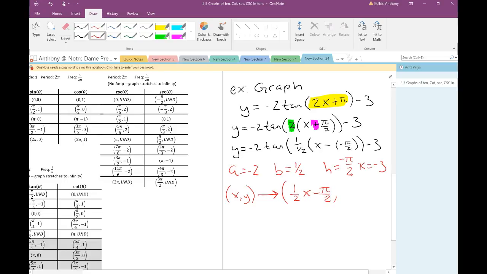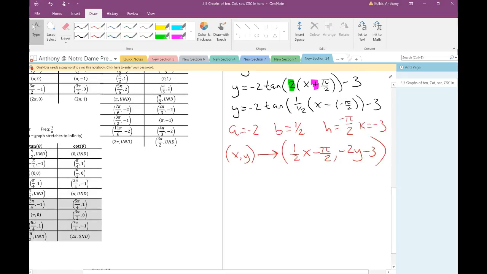That is an important thing to catch: the h value is always the opposite of the sign that it looks. So there's my map.